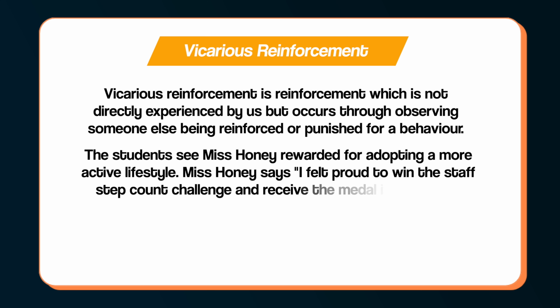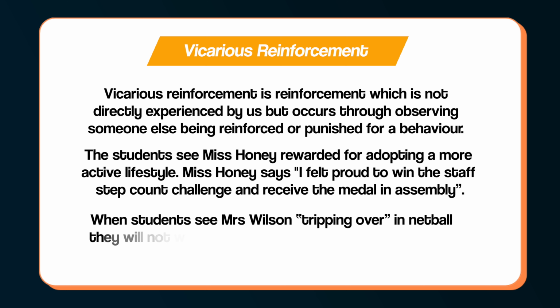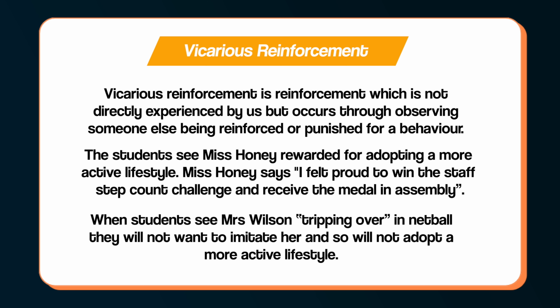The students see Miss Honey rewarded for adopting a more active lifestyle. Miss Honey says, "I felt proud to win the staff step count challenge and receive the medal in assembly." And when students see Mrs. Wilson tripping over in netball, they will not want to imitate her and so will not adopt a more active lifestyle.